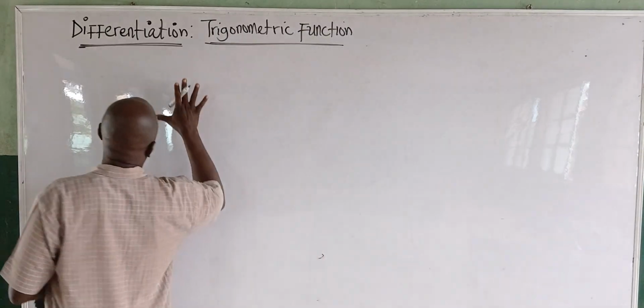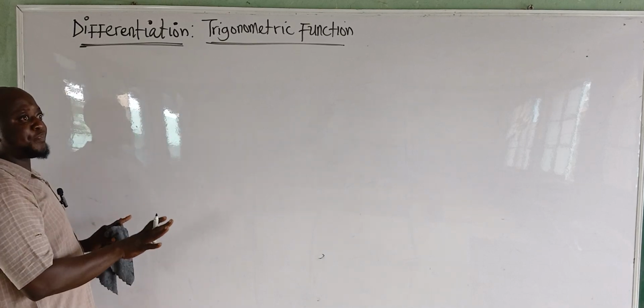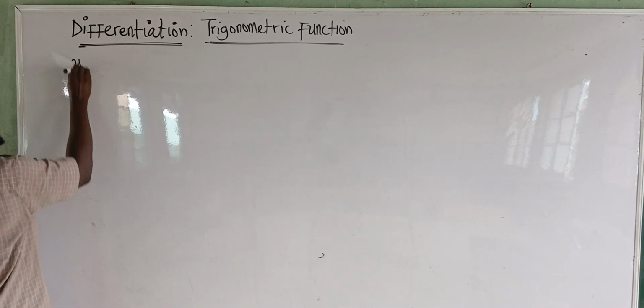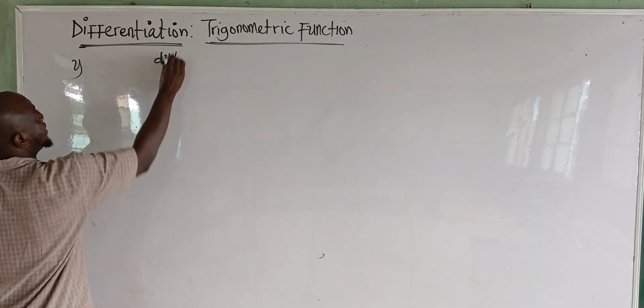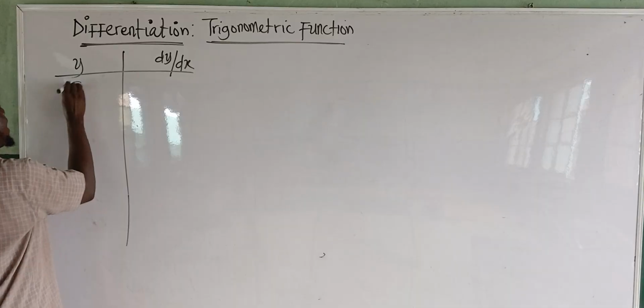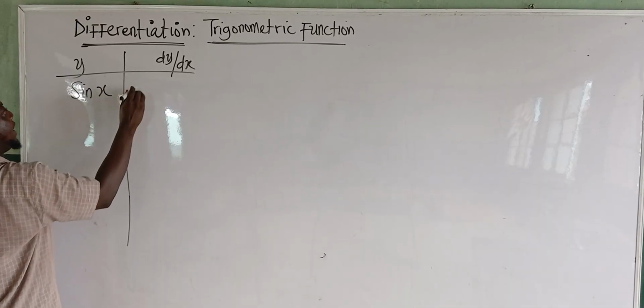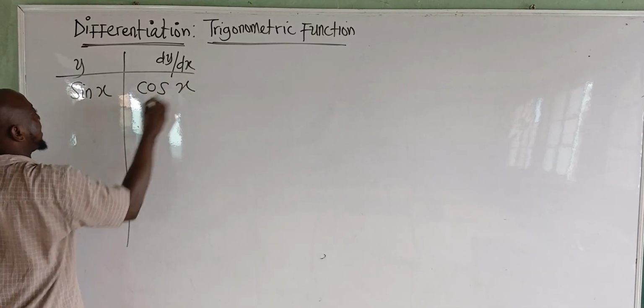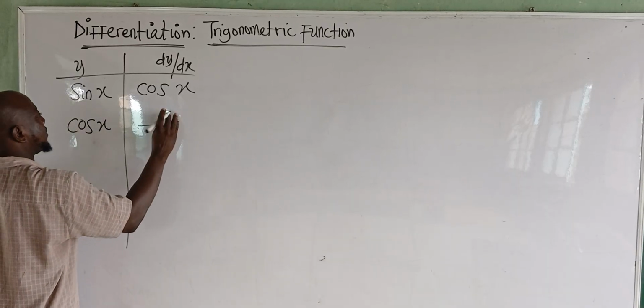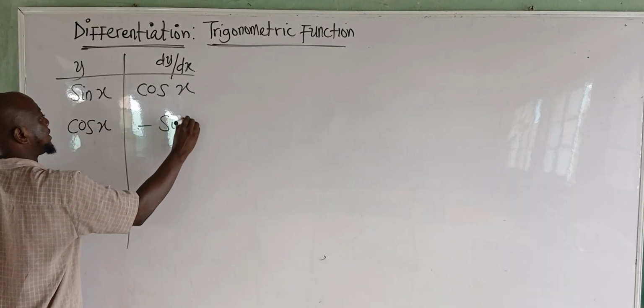So the first thing we have to do is know how to work on these functions. If I have sin x here, I will have cos x here. If I have cos x here, I will have minus sin x here.